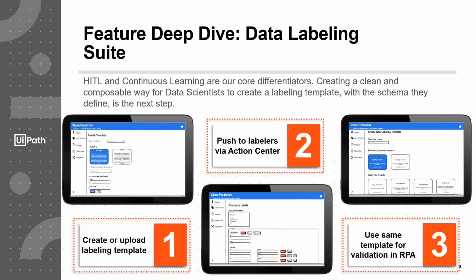So again, we want to offer you a lot of flexibility, and we will also have some defined templates, a bit like the open source packages, we will have open source templates for labeling. So we want to integrate fully with AI Fabric, which is not the case today, and which is one of our first priority goals.